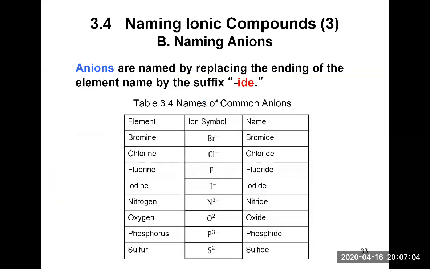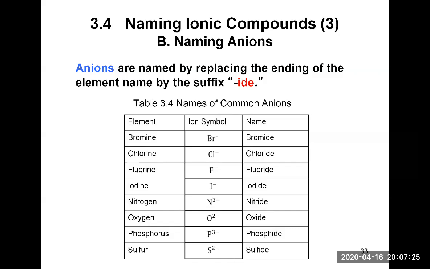Now, let's name the anions, the negative ions. Anions are named by replacing the ending of the element name with the suffix "ide". There are not that many anions made of a single atom.